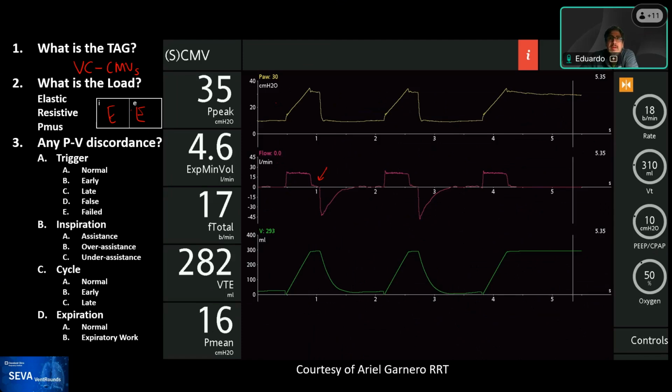Yeah, I'm with you with that, and you can see that as a good high quality respiratory therapist, he did a pause because we should always do an end inspiratory pause. And now you have your plateau, and you can see that the plateau on this patient is 30.